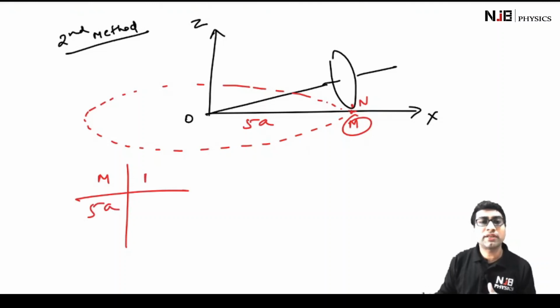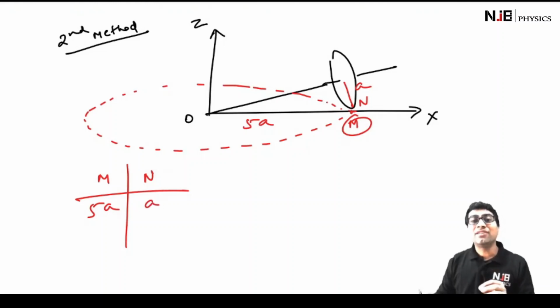Now, what about this point N? Well, this point N is a point on the edge of this disk, and obviously it is revolving in a circle of radius a about the axle. It's very much clear. So this point N is revolving in a circle of radius a.